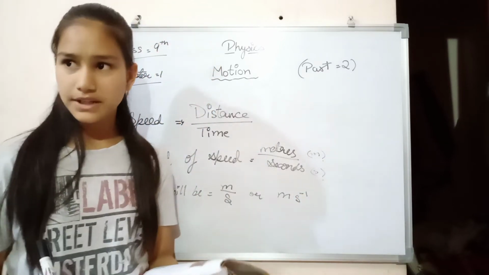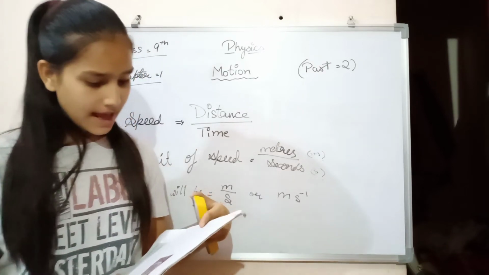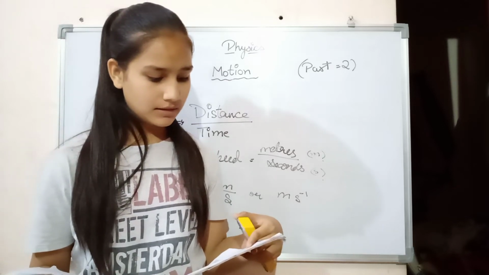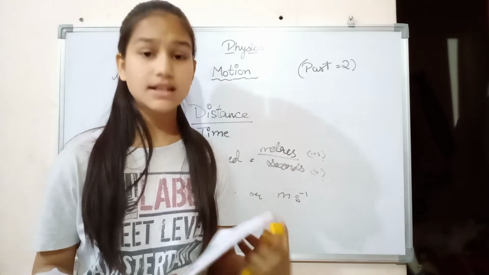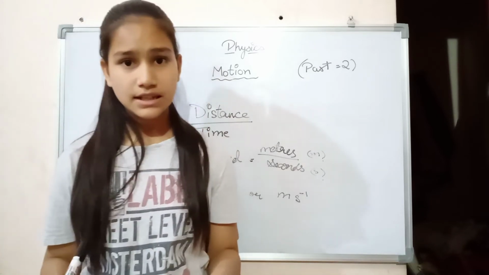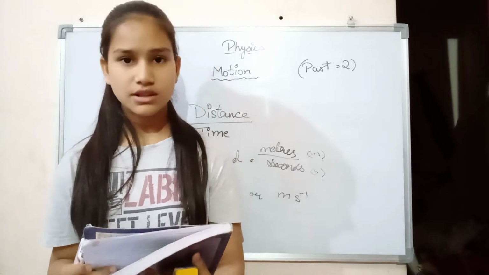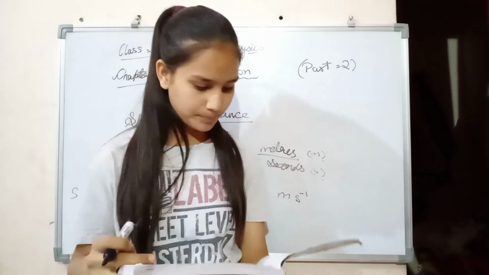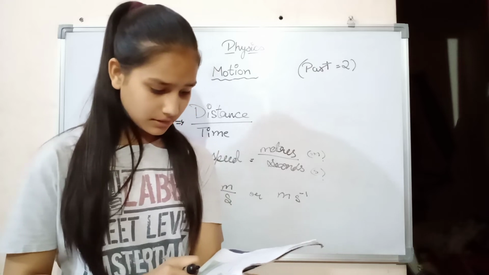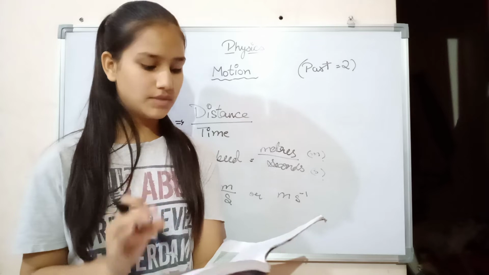Now, as speed has magnitude only, it has no specific direction, therefore speed is a scalar quantity. Whereas velocity has magnitude as well as specified direction, so it is a vector quantity. The speed of a running car at any instant of time is shown by an instrument called speedometer.